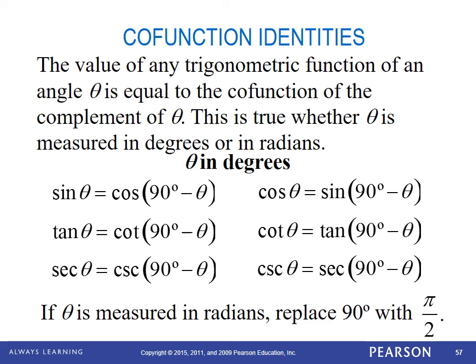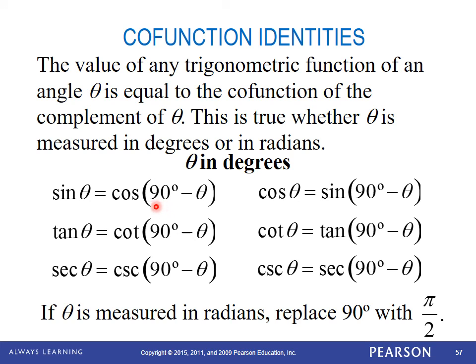All right, as I stated before, this whole concept of what does it mean to be a cofunction? We say sine and cosine are cofunctions of each other, and the reason for it comes from the word complementary. Remember complementary from geometry? A complementary angle is an angle that adds up to give you 90 degrees.